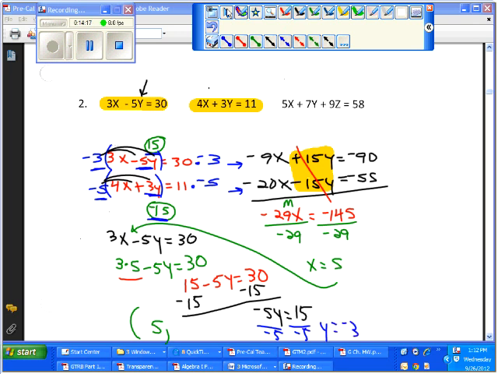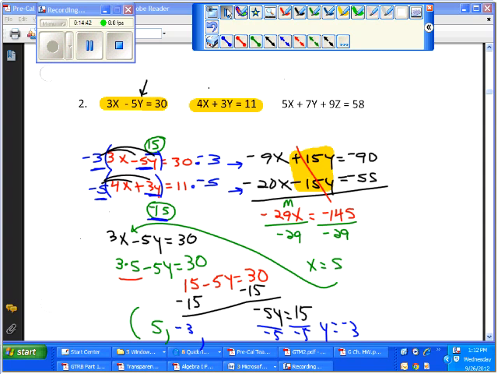We get y equals negative 3. And so the second element in our ordered set is a negative 3 for y. So we plugged in the x where there was an x and a y, and we solved for y. Any questions so far?